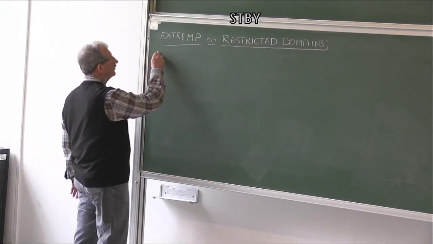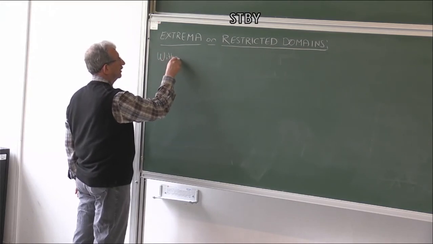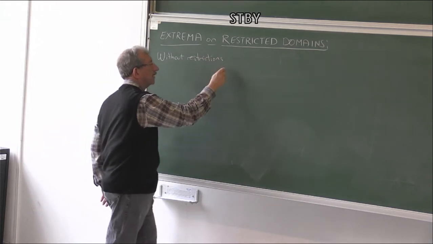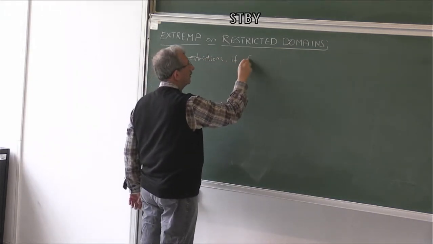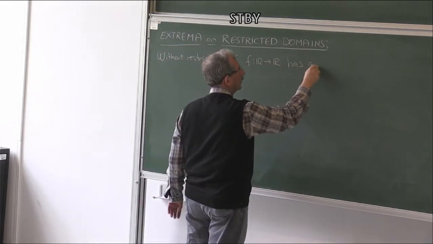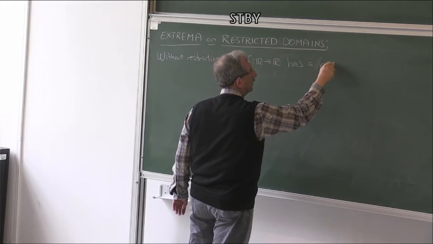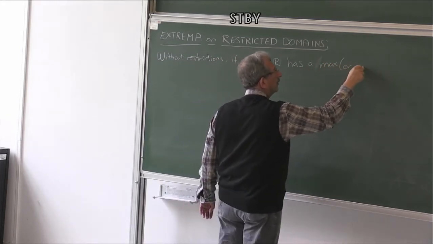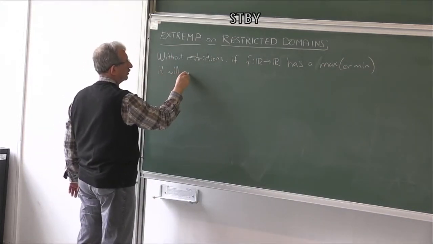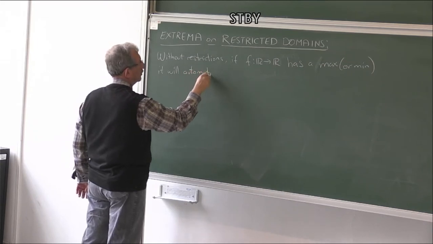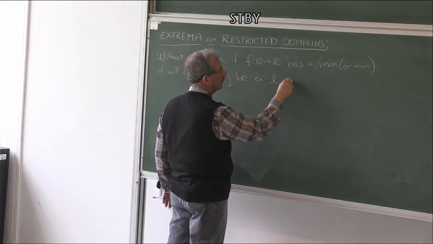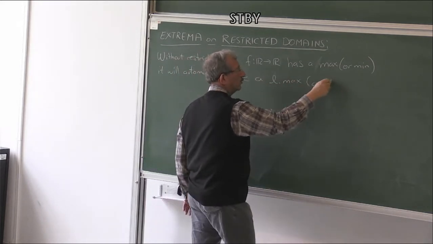So without restriction, if f from R to R has a maximum or minimum, it will automatically be a local maximum or local minimum.